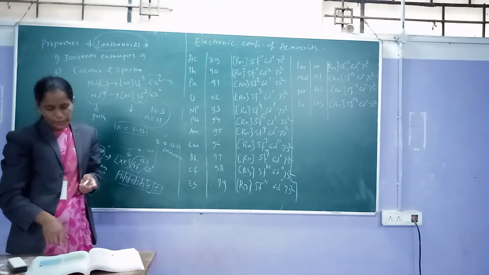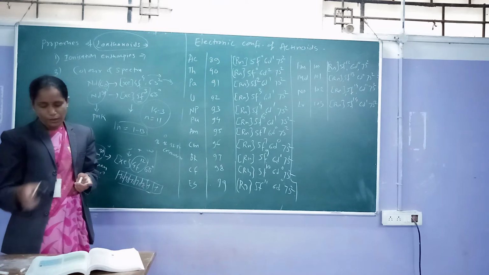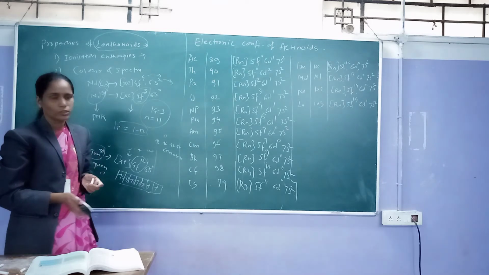Again, the next point of lanthanoids is atomic and ionic radii, that is lanthanoid contraction.